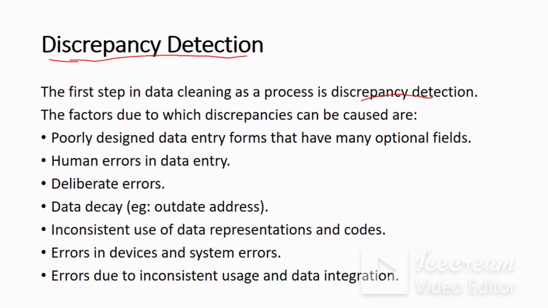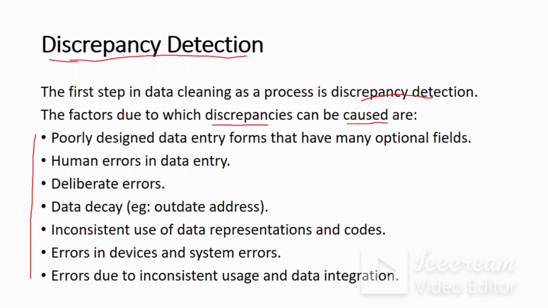So what is discrepancy and how do we detect it is the first activity that we're going to do. We're going to discuss the different factors due to which discrepancies can be caused in the data. Number one, not always are the people who fill in the data responsible for the discrepancies.